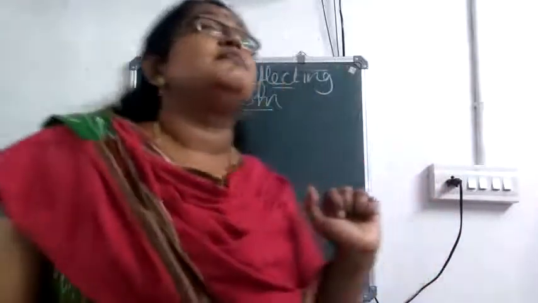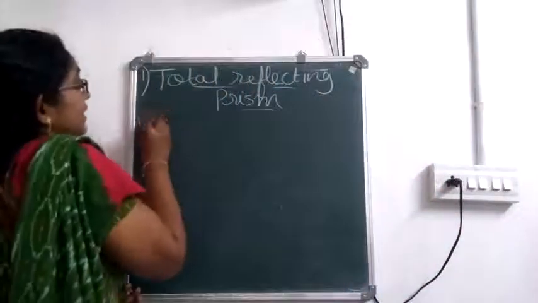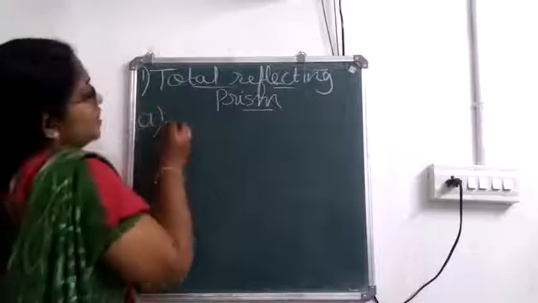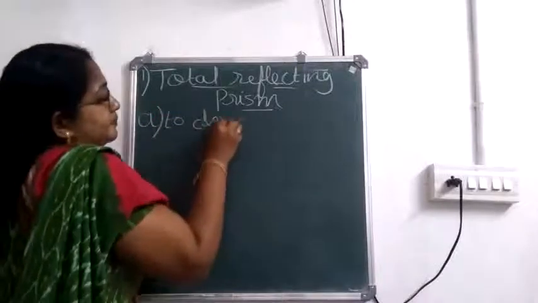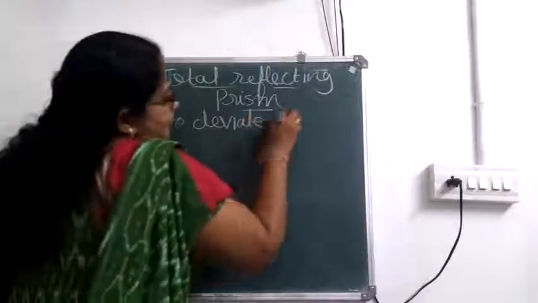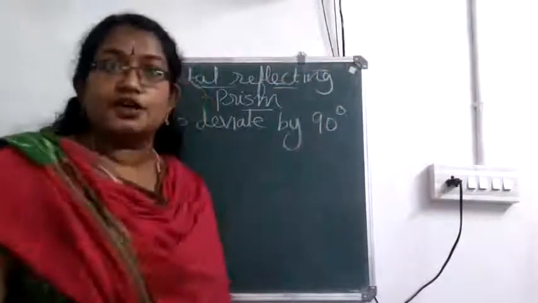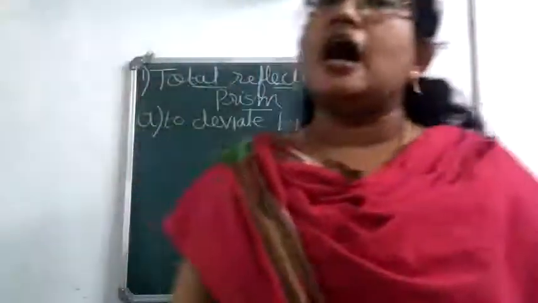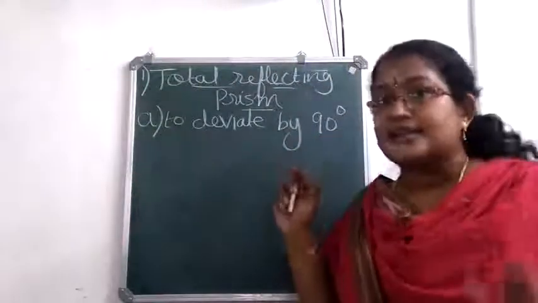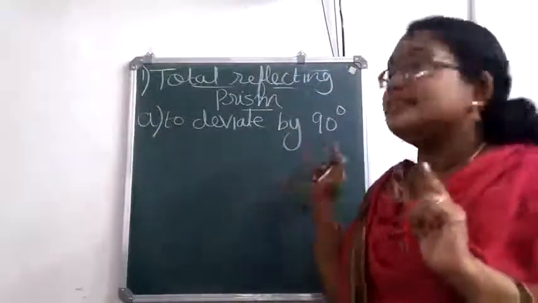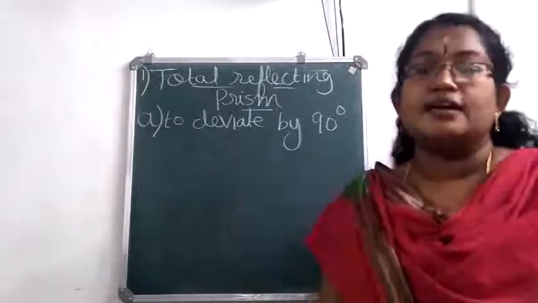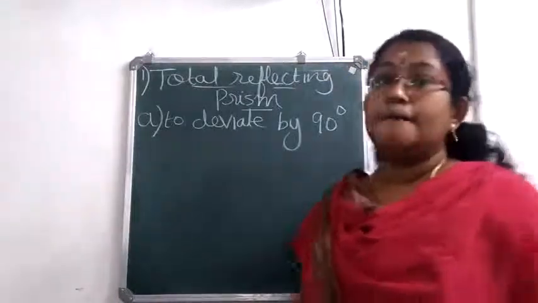So first we will be moving to the first part. What is the first use? To deviate a ray by 90 degree. Now we will check how we can deviate a light ray by 90 degree using a total reflecting prism.